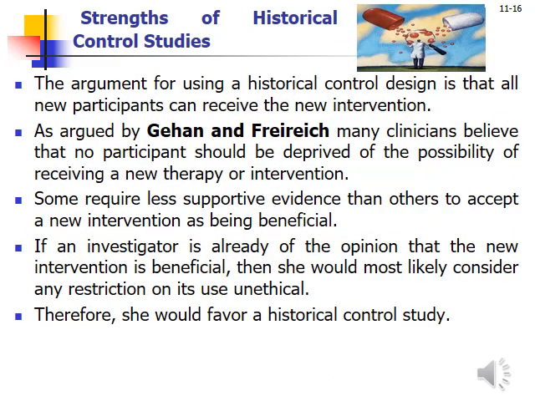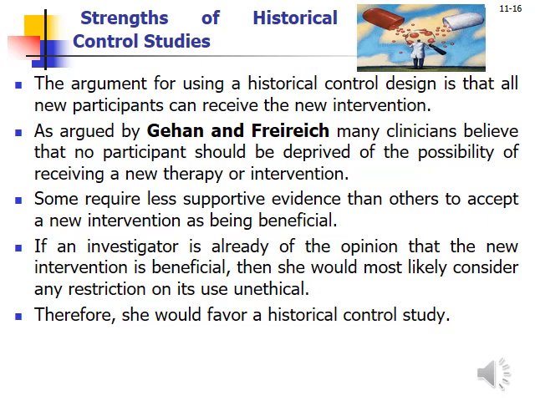Strengths of historical control studies. The argument for using historical control design is that all new participants can receive the new intervention. As argued by Zelen and Freireich, many clinicians believe that no participant should be deprived of the possibility of receiving a new therapy or intervention.